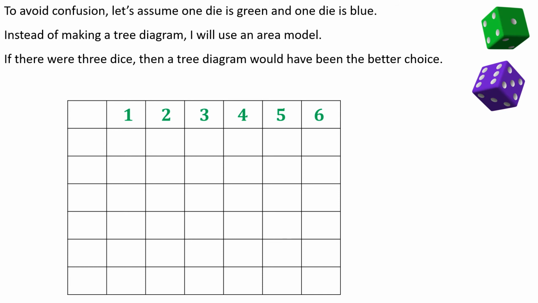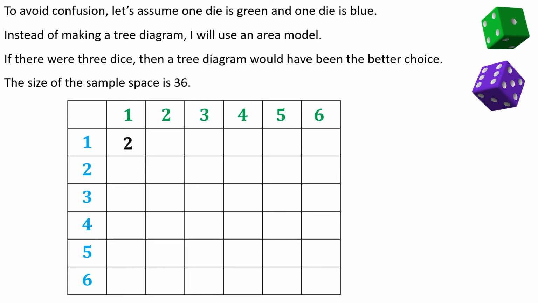The green die could result in a 1, 2, 3, 4, 5, or 6. The blue die could result in a 1, 2, 3, 4, 5, or 6. Okay, so what's the sum? Well, first of all, before I get that far, the size of the sample space is 36. 6 times 6 is 36. There's 36 totals I've got to figure out.